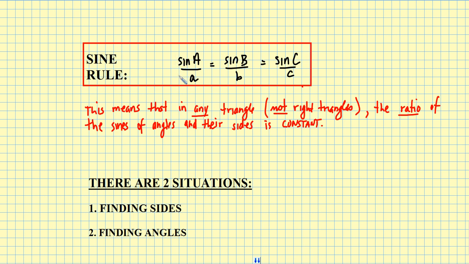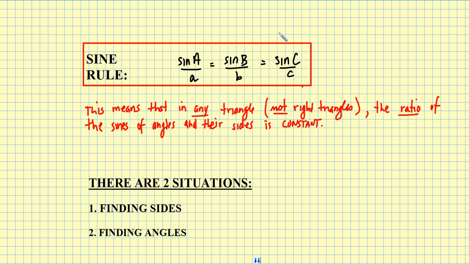Now, the sine rule basically says that taking the three relationships that we found, sine A over A equals sine B over B, which equals sine C over C. This is what we call the sine rule. And what the sine rule says is that in any triangle, not including right-angled triangles, the ratio of the sines of the angles and their sides is constant.